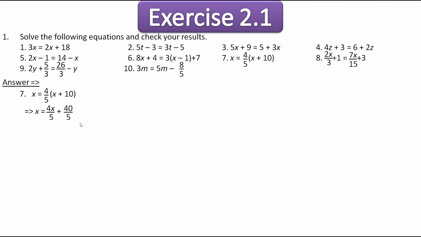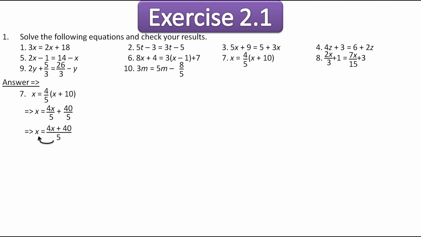Okay. Now 4x upon 5 plus 40 upon 5 can be written like this. Now I'll shift this 5 towards the left hand side, as here the 5 is dividing the whole term, meaning when this 5 goes to the other side it gets multiplied with the number present on the left side.